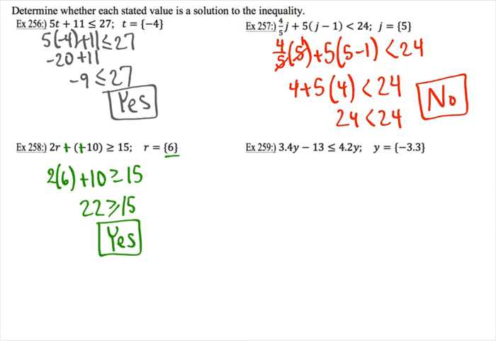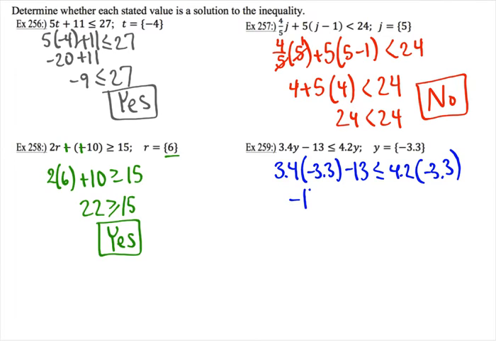3.4y minus 13 is less than or equal to 4.2y. Alright, so we're going to plug in -3.3 here. So 3.4 multiplied by -3.3 minus 13 is less than or equal to 4.2 times -3.3. Okay, so let's do some calculations here. 3.4 times -3.3, I get -11.22 minus 13.